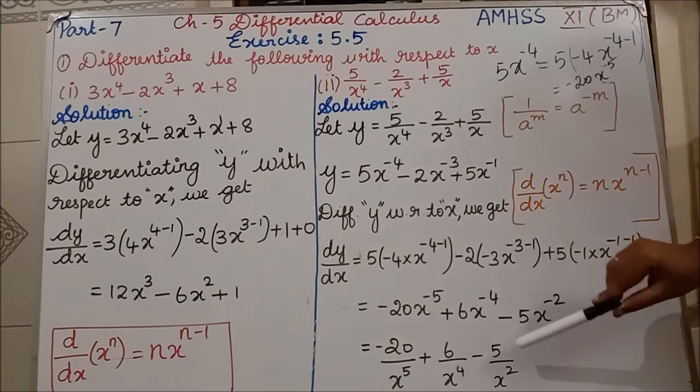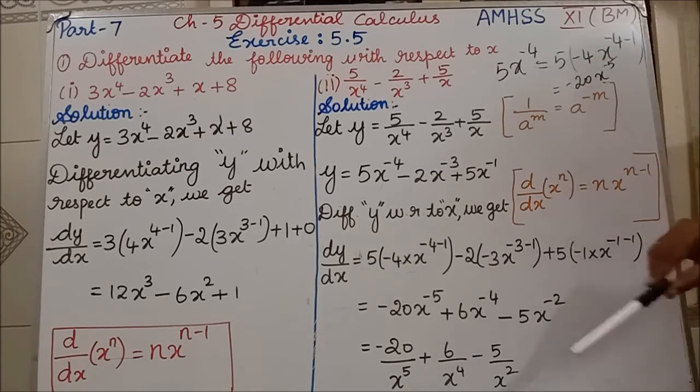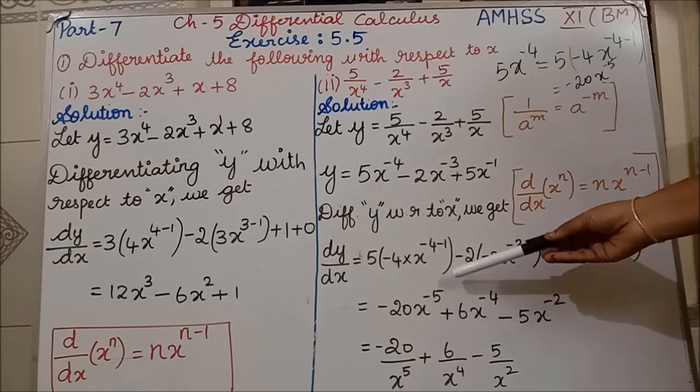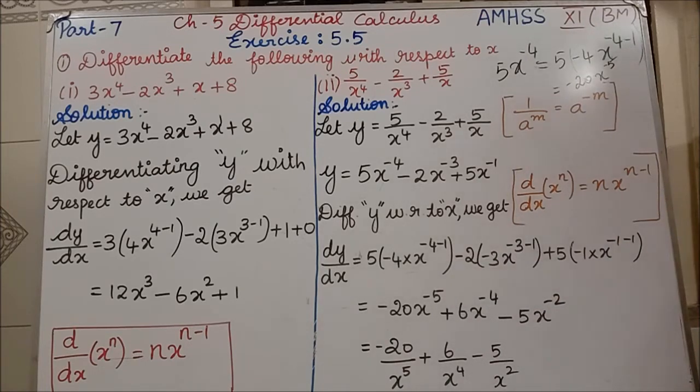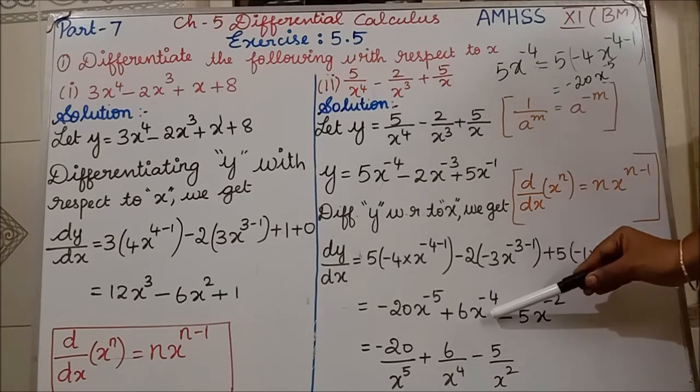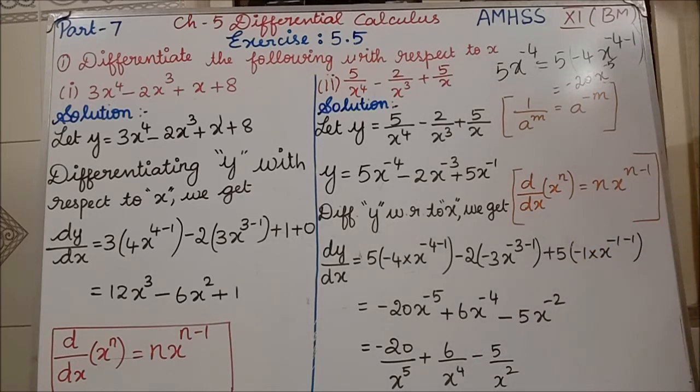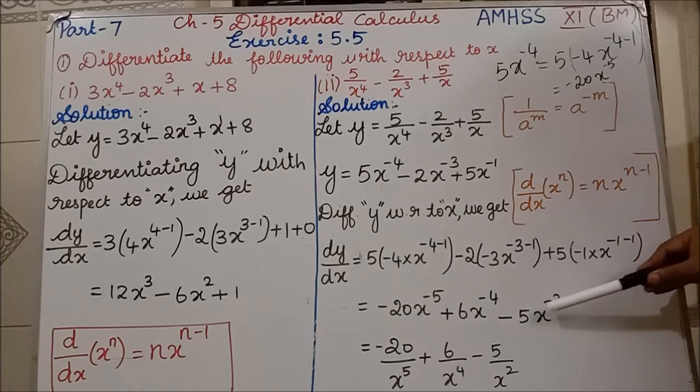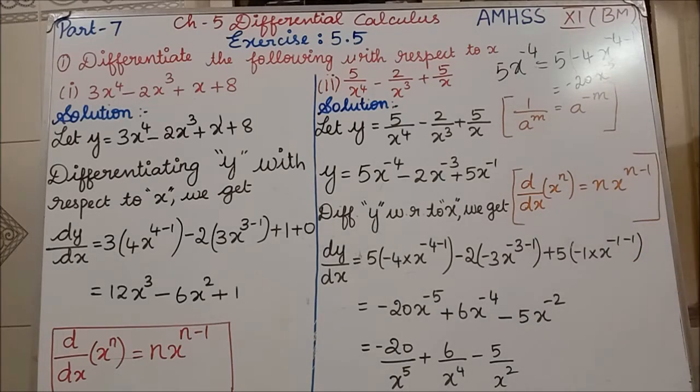This format only they have given the question, no? So the same format we will end up with. So minus 20, this x power minus 5 goes down, it becomes x power positive 5. Similarly plus 6 in the numerator, this goes down, x power positive 4. Minus 5 goes down, x square. Clear students, both the problems?